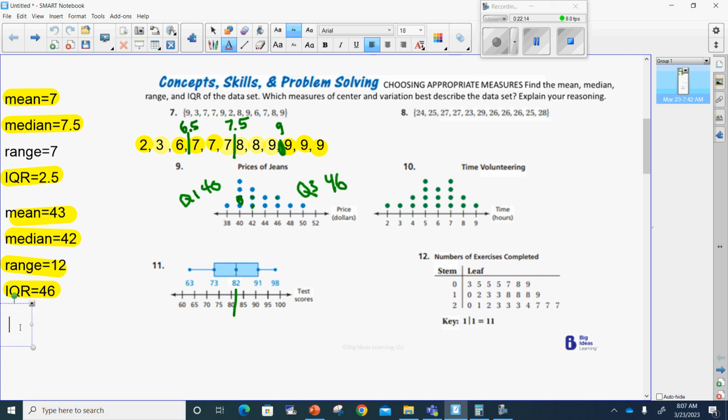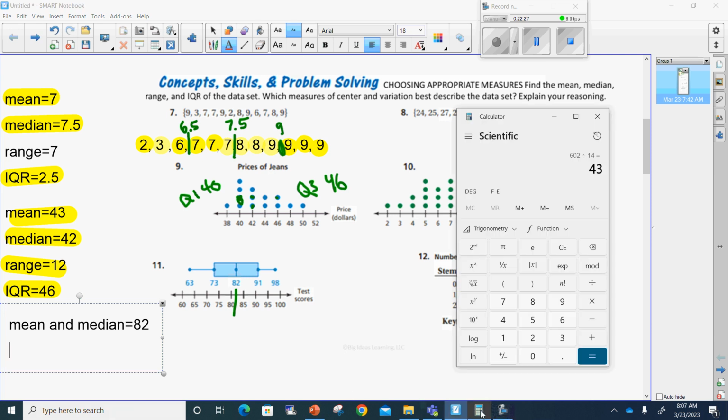I can put over here the mean and median is going to be about 82. All right, I can see that my range is going to be 98 minus 63, that's going to be 35.